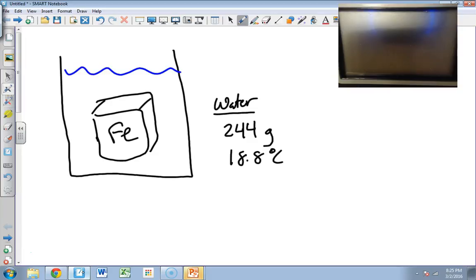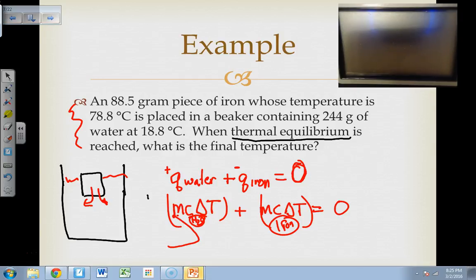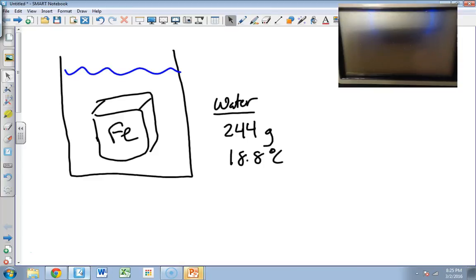Let me just double check that that's right. Okay, sure. And now the iron is 88.5 grams, and it's starting at 78.8. Let's figure that out. So for the iron, the chemical symbol for iron is Fe, and it's 88.5 grams, and it's starting at 78.8 degrees Celsius.